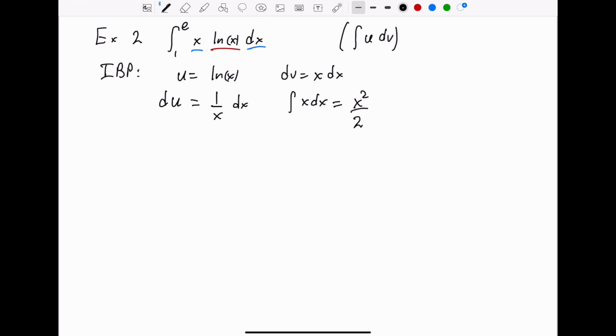Once we have these ingredients, we're ready to use the integration by parts formula. Once again, that formula is uv minus the integral of v du.